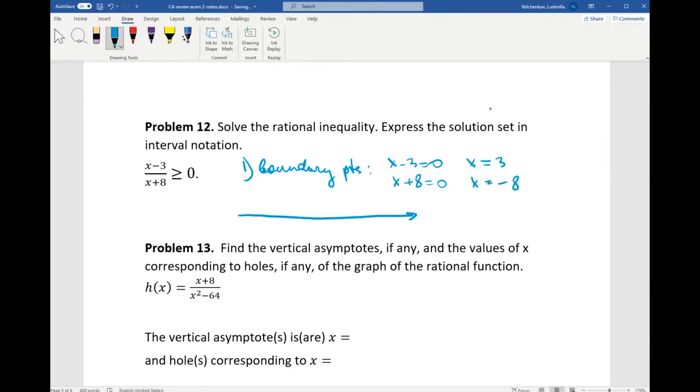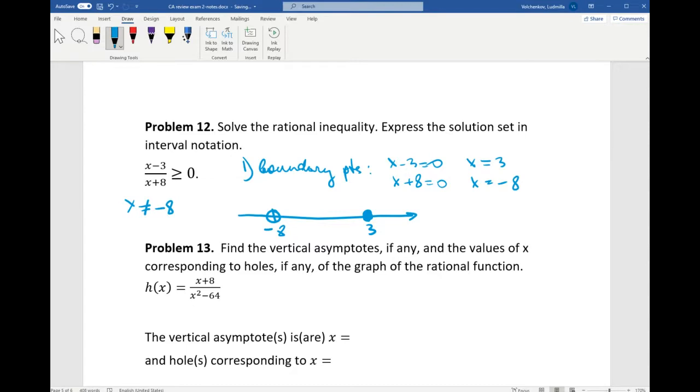You draw the points on the number line, -8 and 3. Then be careful, so we have greater than or equal sign. It means that the point should be included into the interval, but be careful, x cannot be equal to -8. Therefore, -8 is not to be included into the solution set.